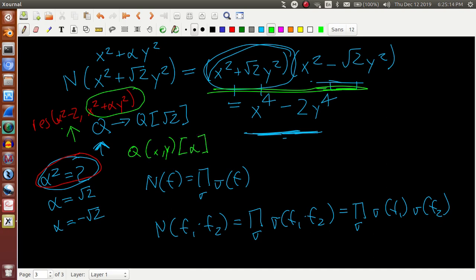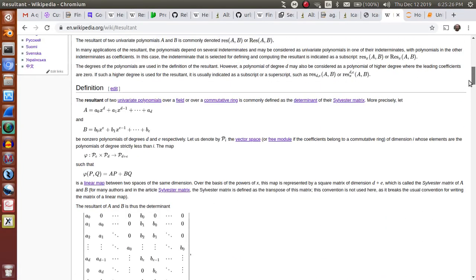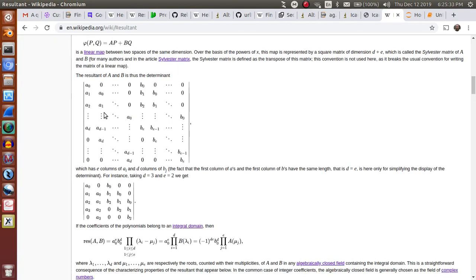The resultant is constructed with respect to a single variable. Take another look at it here. So we have two polynomials and a single variable. We pull out their coefficients and we form them into a matrix. That's the Sylvester matrix.